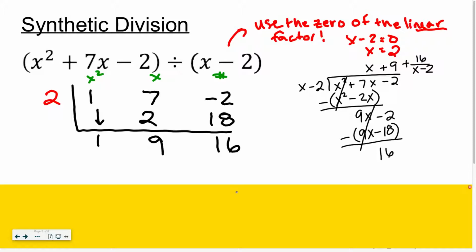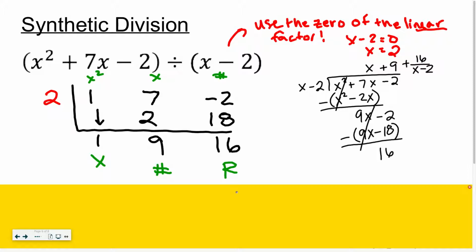So if this used to be x squared, now this is x. And if this was x, this is now a number. And if this was a number, this is now a remainder.